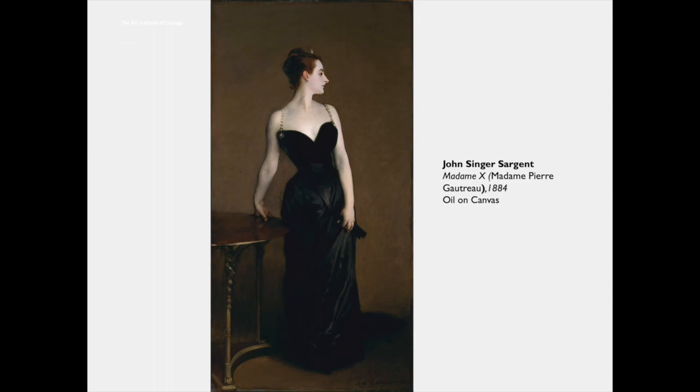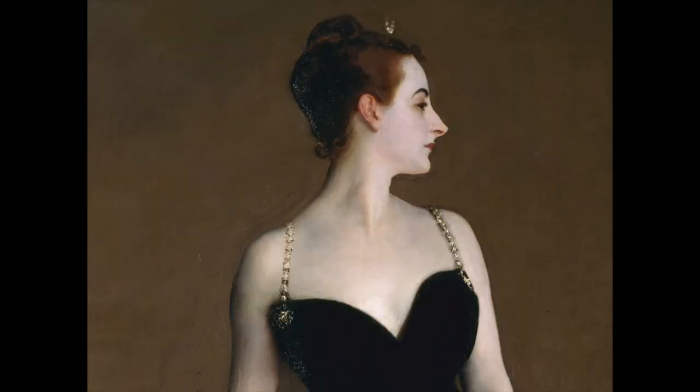We look at it today, we see nothing wrong with it, apart from this plunging neckline. You can really see that it's a little risque, perhaps, for the time, but it wasn't just that detail that turned out to be problematic. This is not the original version of the painting. We have photographs of the original painting before it was altered.